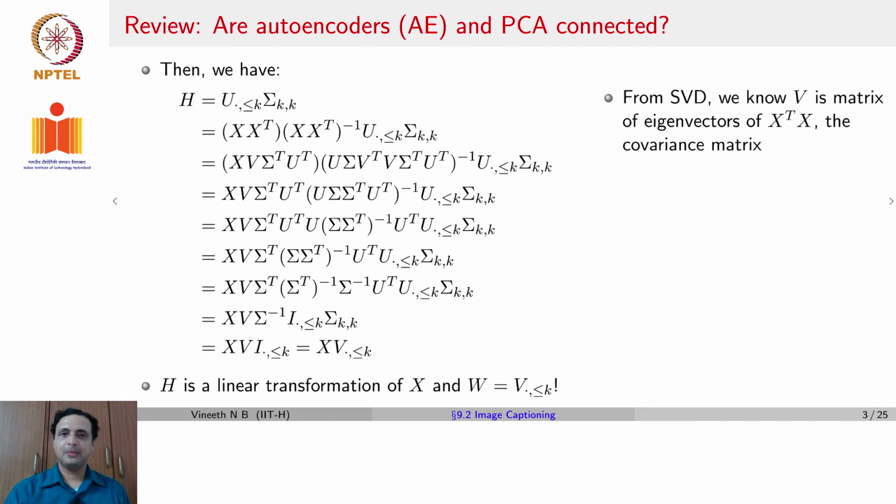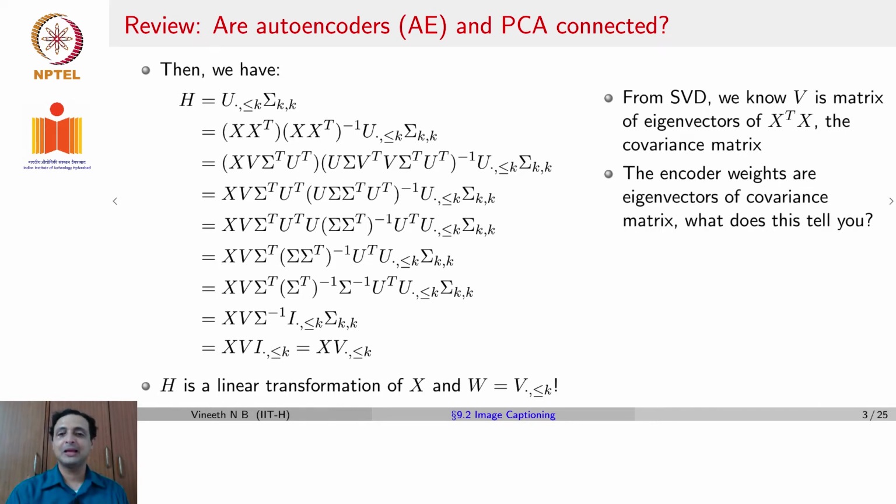What does this mean? From SVD, we know that given a matrix X and its SVD U sigma V transpose, we know that V is a matrix of eigenvectors of X transpose X. Go back and see the assignment 0 in the course and refresh the basics if you're not aware of this.